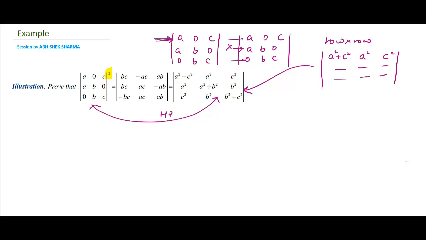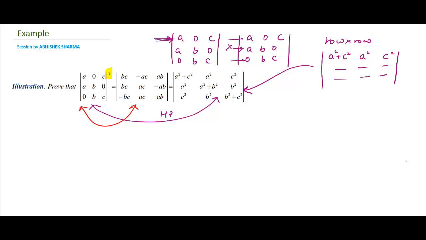Now we move to the next part of the problem, where you have to connect these two determinants. Whenever the question involves the square of a third order determinant, one possibility is we can straight away go for multiplication.